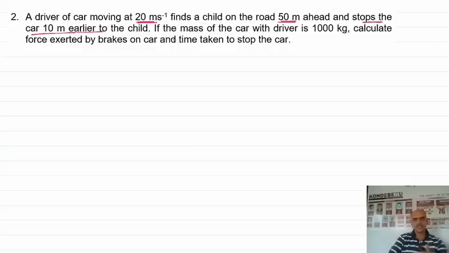So before reaching the child, and before the accident happens, he will stop. He will avoid the accident. So 10 meters before the child, the car stops, he says.